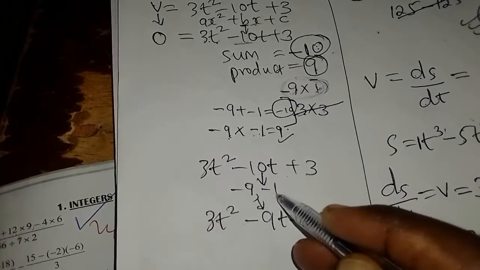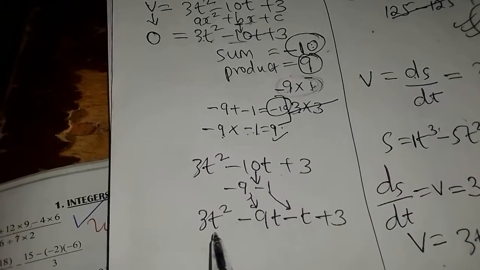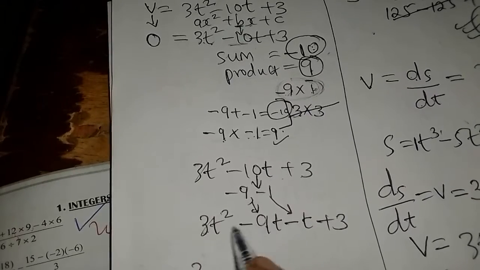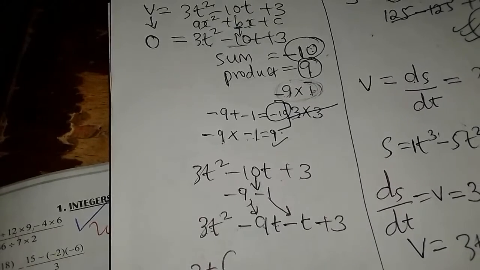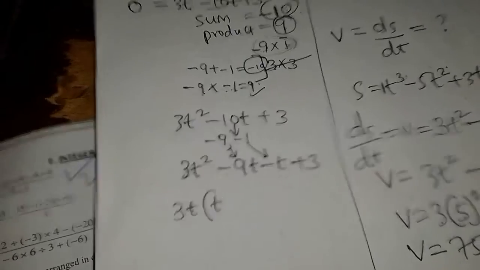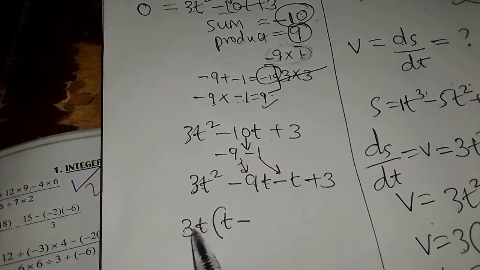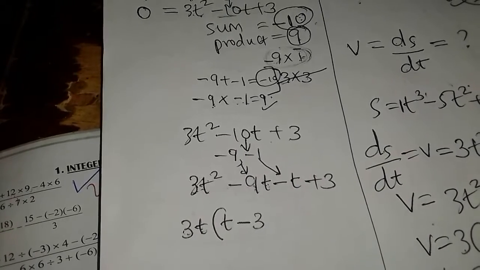Then plus 3. The common divisor here is 3 for 3 and 9, then t for t squared and t. So 3 into 3 is 1, t into t squared is t. Then minus 3 into 9 is 3. Then t into t, that one cancels out.